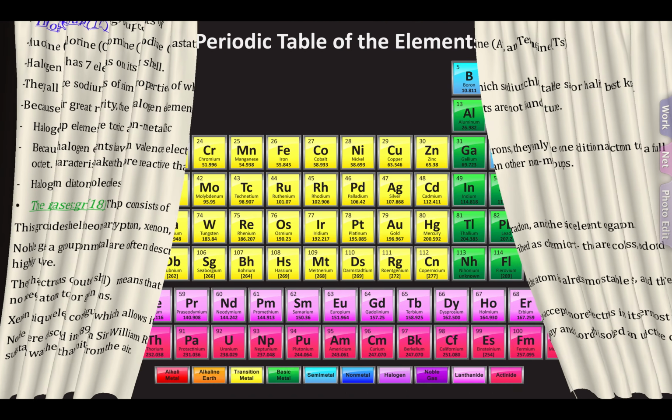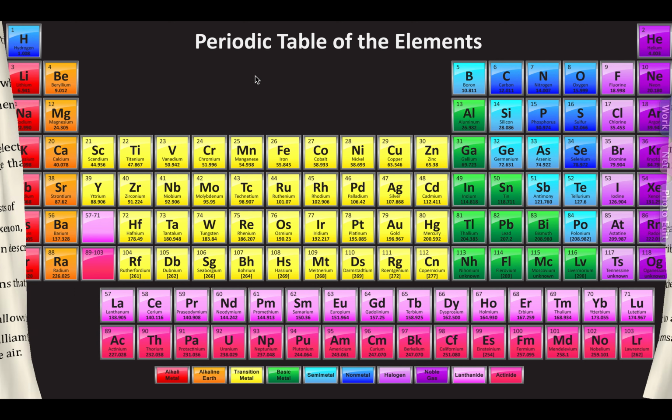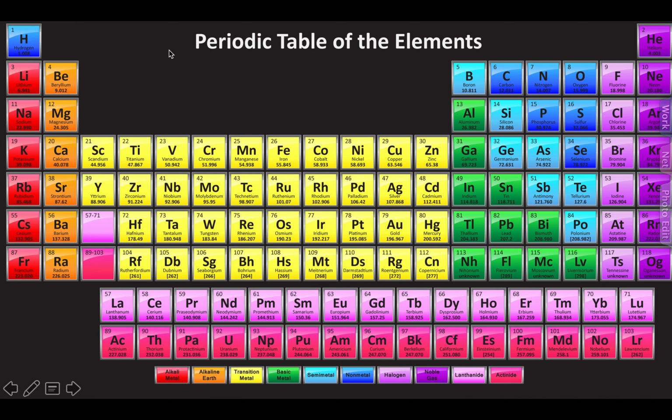Next, we have the periodic table of elements. The alkali metals, which are lithium, sodium, potassium, rubidium, cesium, and francium, are located here in red, and the alkaline earth metals, in orange beside the alkali metals, are beryllium, magnesium, calcium, strontium, barium, and radium. They are located here.